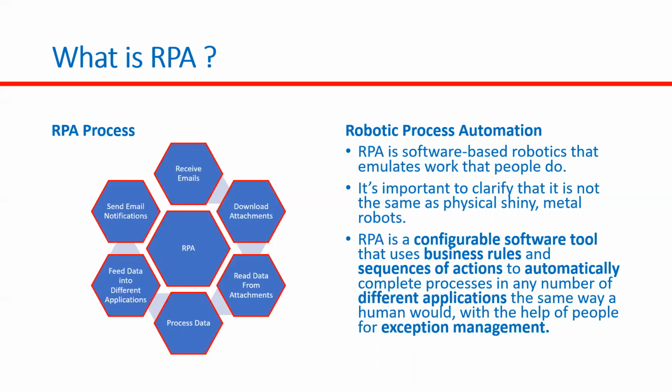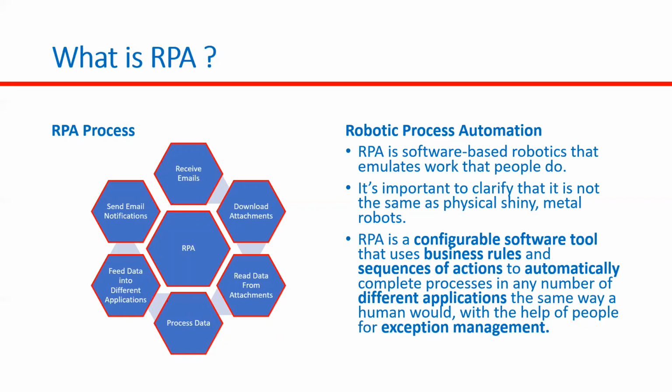Blue collar companies use physical robots to automate their everyday processes. In white collar companies, we do robotic process automation for automating the business processes. So in white collar companies, it is not related to the physical robot, it is related to the software robot, and we automate business processes here.